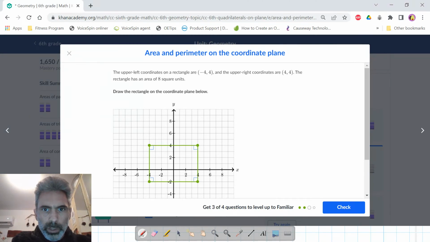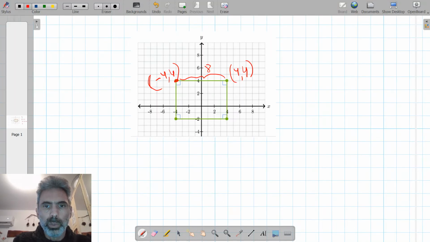And we know that the rectangle has an area of 8 square units. So the area of the rectangle is the base times the height.